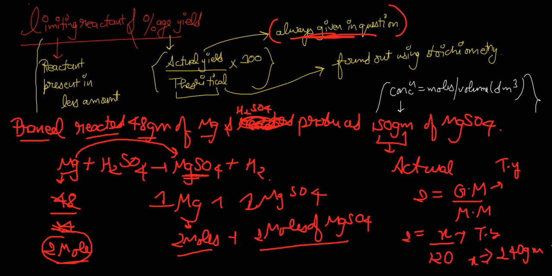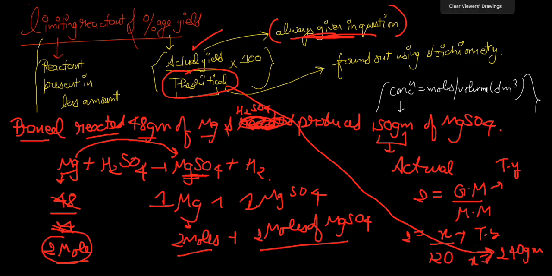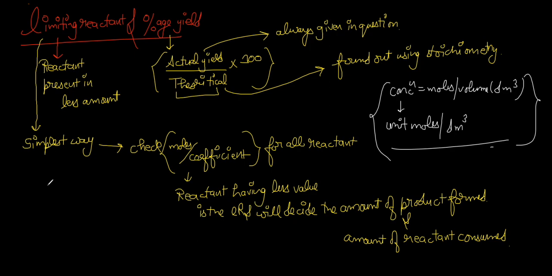Now you have to find the percentage yield. Actual yield was already given in the question. We just needed to find the theoretical yield, and we already have the theoretical yield now, which is 240. So directly I will do 150 by 240 into 100.